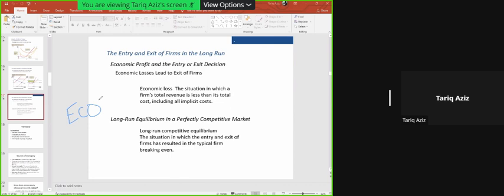So in the long run, a firm's profit is just normal, which means its economic cost is equal to total revenue. So total revenue is equal to cost. It is not making any abnormal profit. It is just making the profit necessary for that firm to survive in the long run.